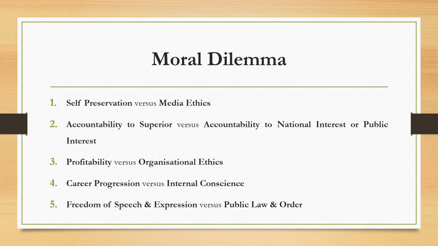Now, coming to the second subpart of the question, what are the moral dilemmas that you face? So, you can identify a lot of moral dilemmas. I've listed down 5 over here. In the exam, when you have been asked a subpart question, you just have to judge how many points you should write in a particular subpart, because there can be a lot of things coming to your mind.